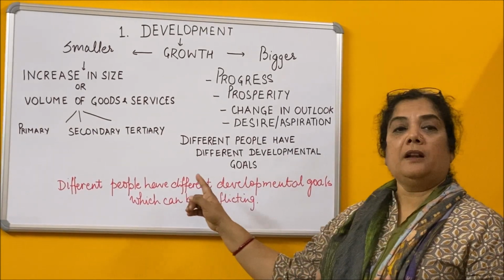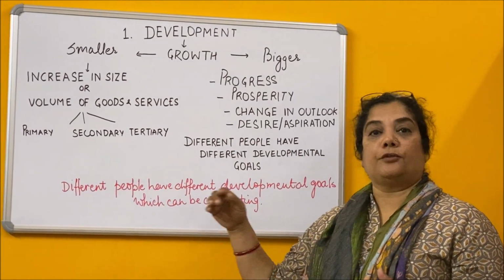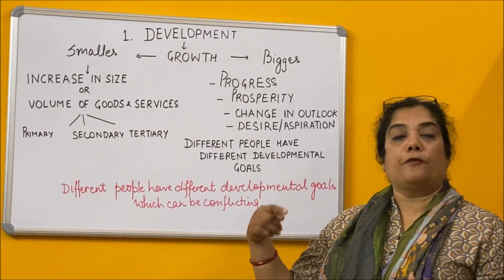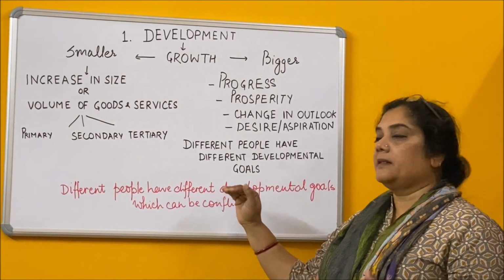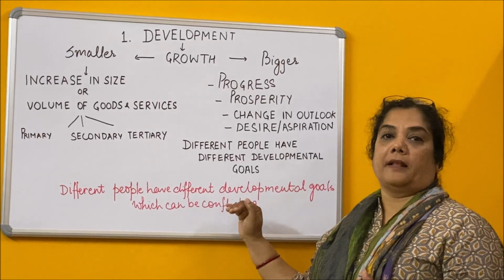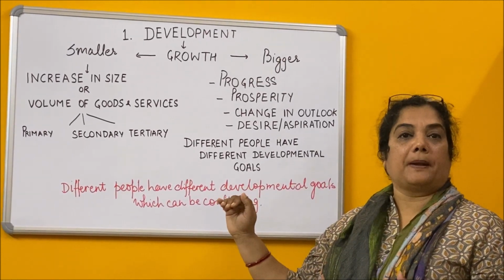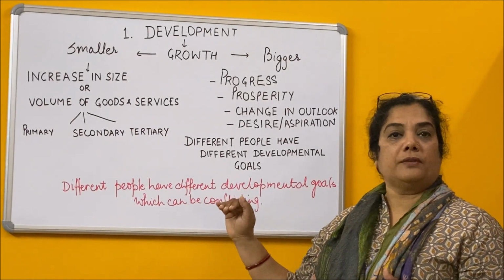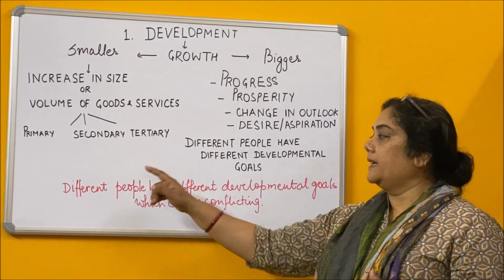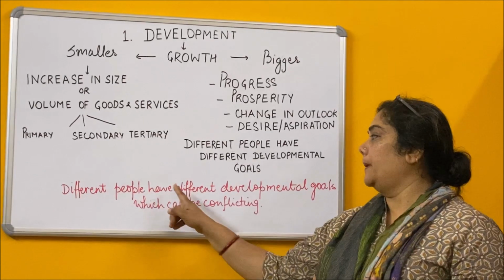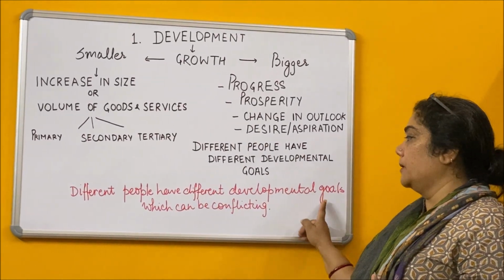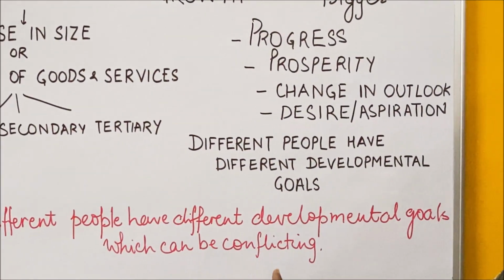So the developmental goal of the industrialists is to generate power, to go for prosperity, whereas the developmental goal of the Adivasi, if he is displaced, is a regular supply of income or a place to settle. So in the end, we can say different people have different developmental goals which can be conflicting.